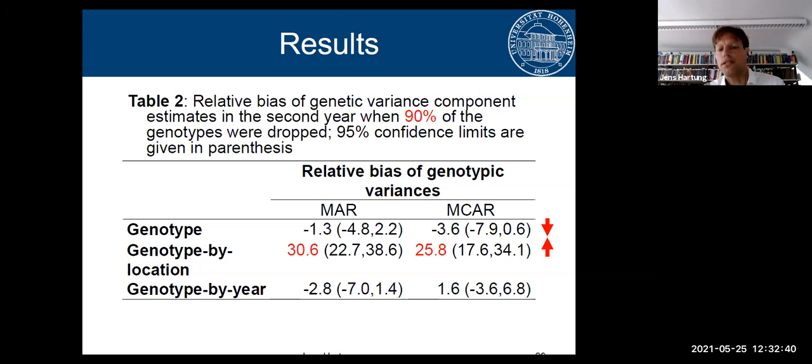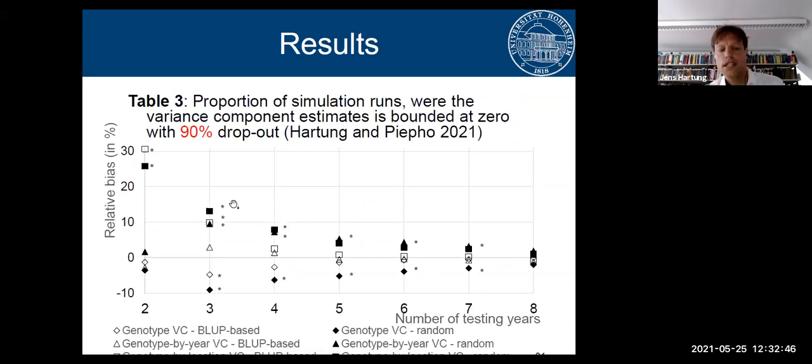And this makes the variance components slightly more unstable. And variance components being more unstable means there's a higher chance that the ANOVA estimate of the variance component is negative, and the REML estimate is bounded at 0.